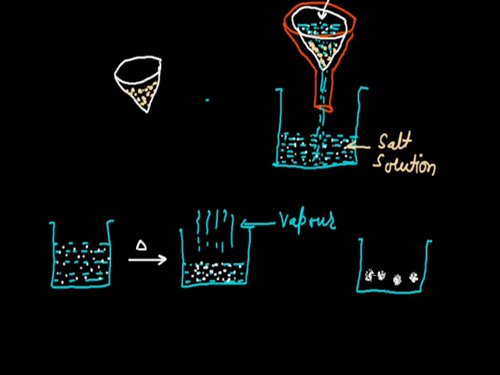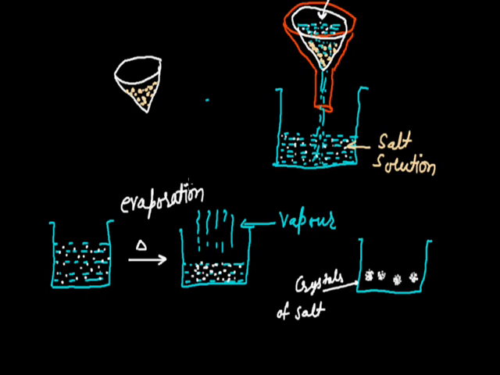Now we can observe these particles. So these are the crystals of salt. We can observe them because they are of the order of 10⁻³ meter, or millimeter. So now the particles of salt have been separated from water vapor, and this process is known as evaporation.